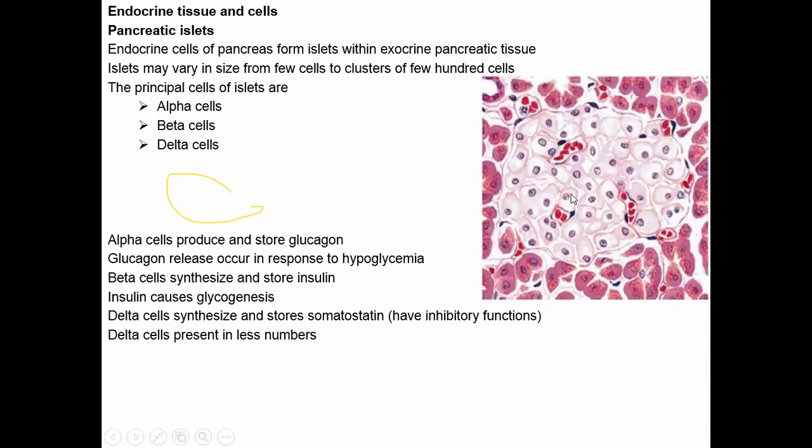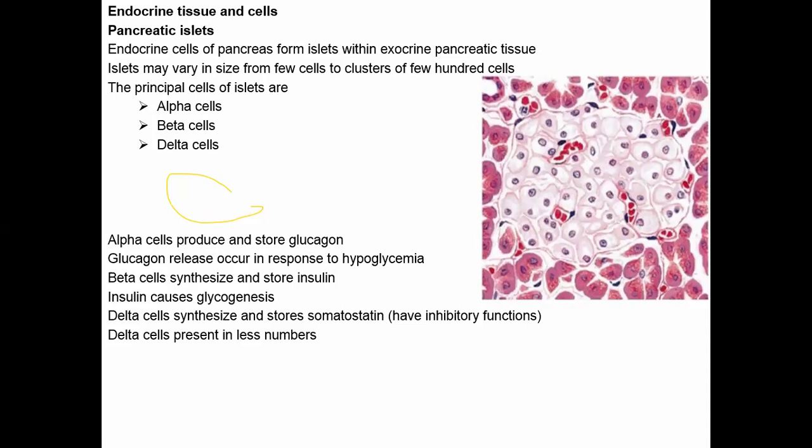There are three different types of cells present in the islets of Langerhans: alpha cells, beta cells, and delta cells. These different cells produce various types of hormones. For example, alpha cells produce and store glucagon. Glucagon is released into the blood in the condition called hypoglycemia.